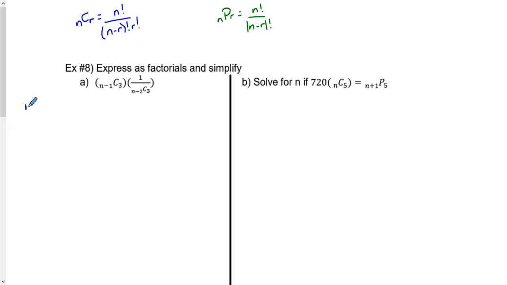So we're going to have n subtract 1 factorial divided by n subtract 1 subtract 3 factorial, 3 factorial.